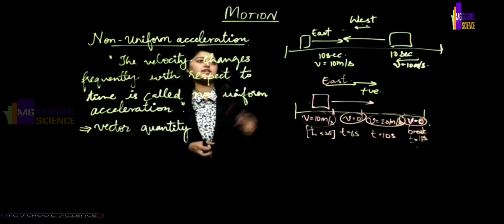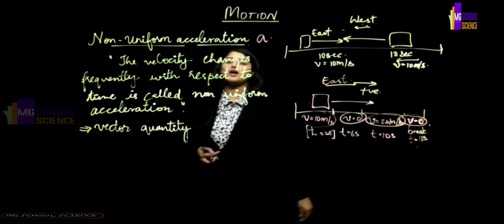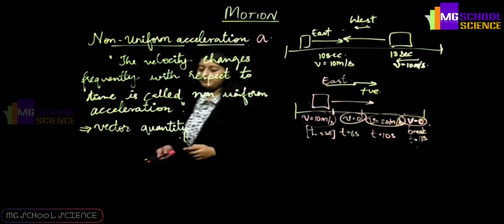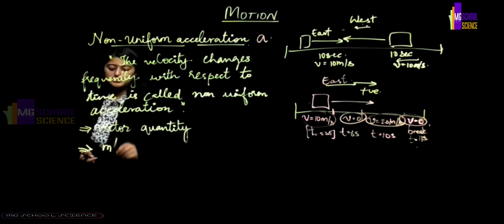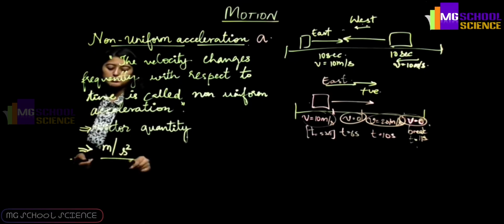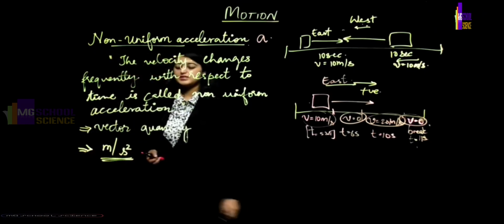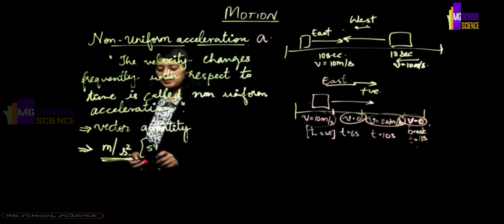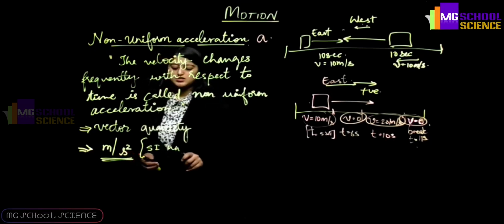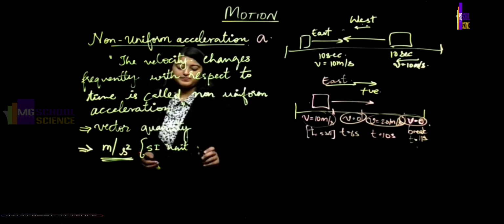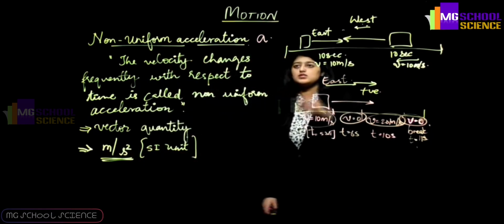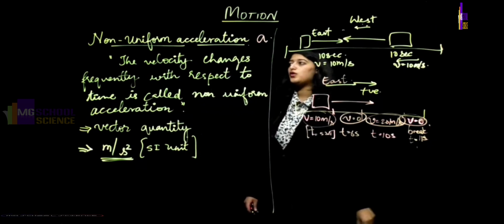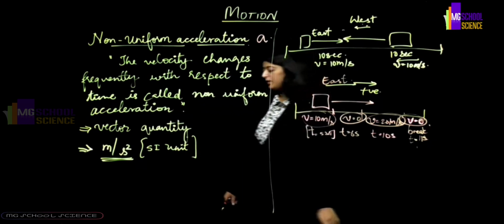Every acceleration A has the same unit, that is meter per second square. The acceleration has the SI unit of meter per second square. So this is what uniform and non-uniform acceleration means.